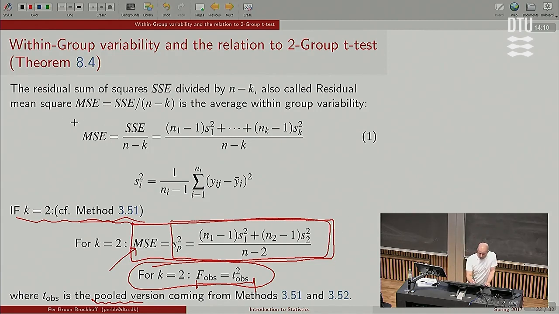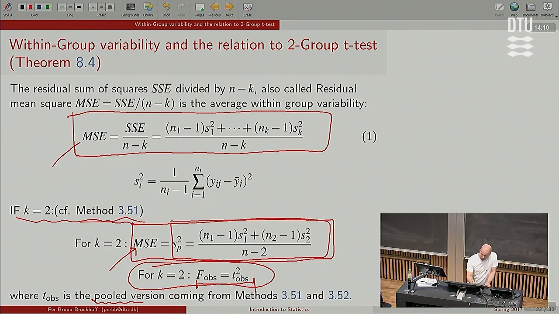So up here in the ANOVA case of today, I told you how to compute this MSE as the SSE divided by n minus k. If you followed me, this should be obvious, but probably you didn't make the link. I said it a few times, but here it is explicitly, and let me repeat it again.